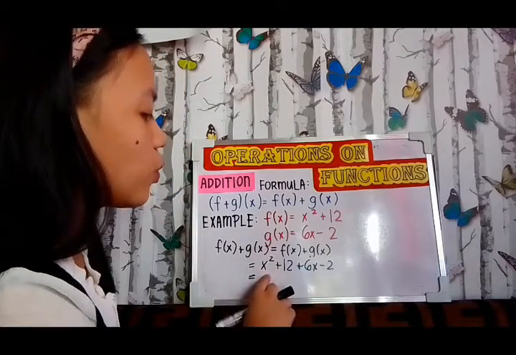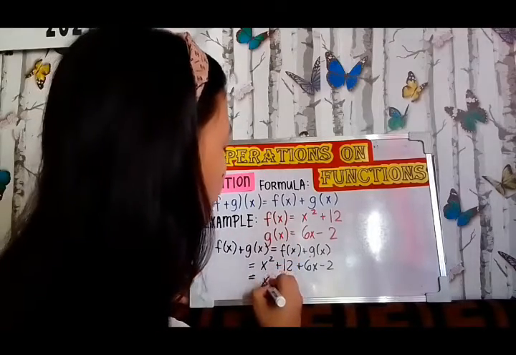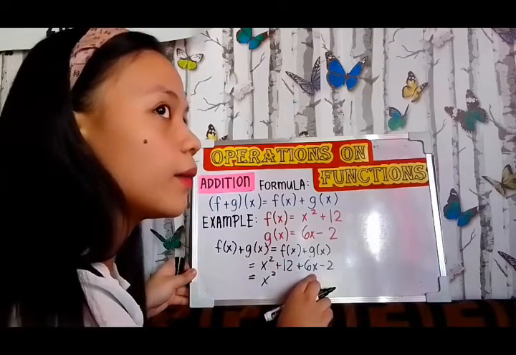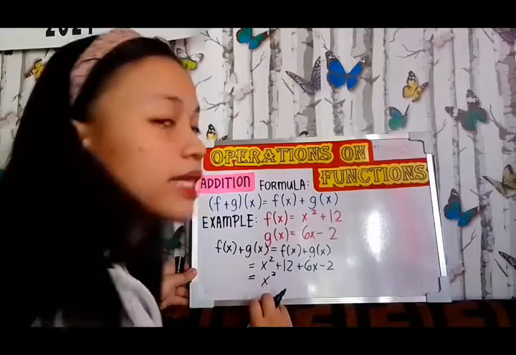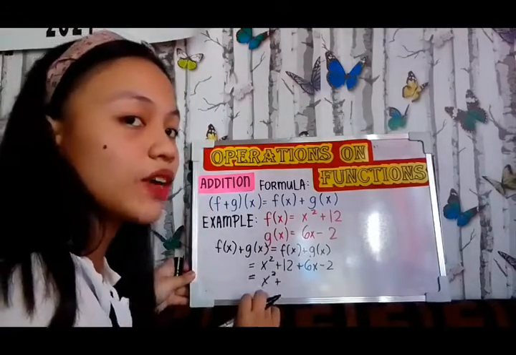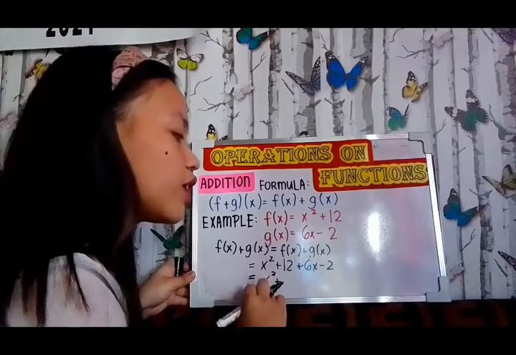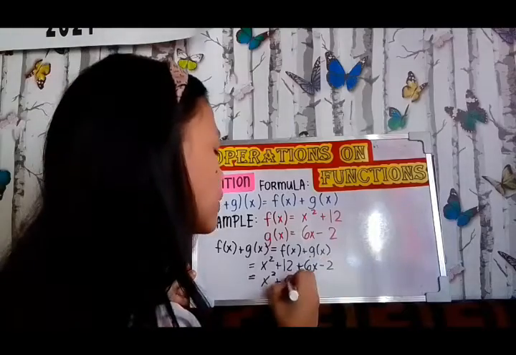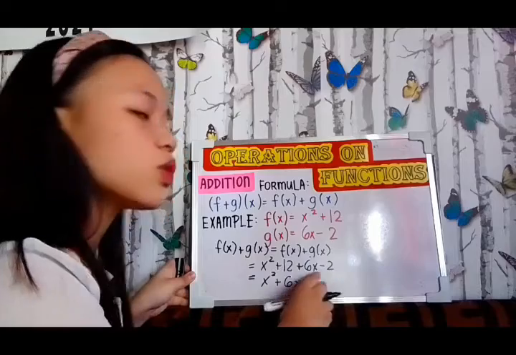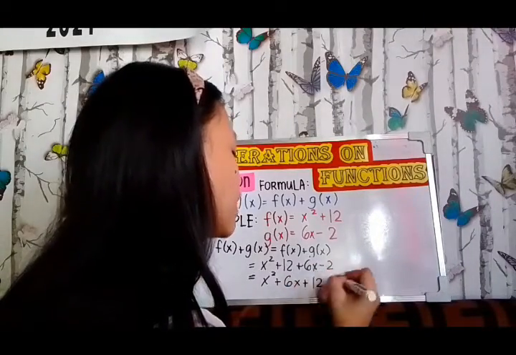The x squared doesn't have a like term, so we just transpose 6x beside x squared, because x squared has a bigger value because of its exponent 2. So plus 6x. Then 12 and 2 don't have a variable, so we can input those already: plus 12 minus 2.